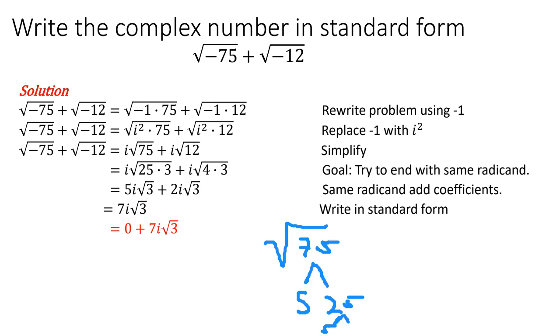So you see here that 75 can be written as a product of these leaves: 5 times 5 times 5.